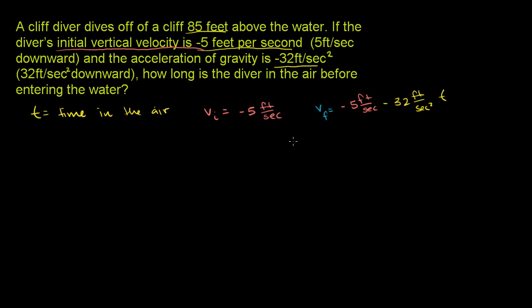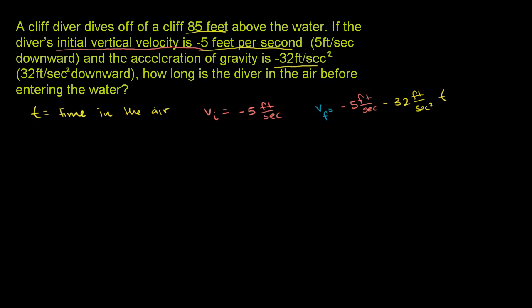So what's his average velocity? If his initial velocity is negative 5 feet per second, his final velocity is this. And it's a linear relation. At every second that goes by, it's linearly increasing, or decreasing if you want to view it as a negative number. So the average velocity is just going to be the average of these two values.